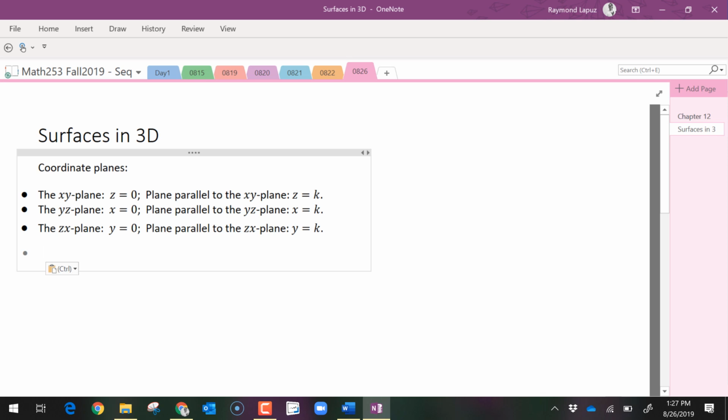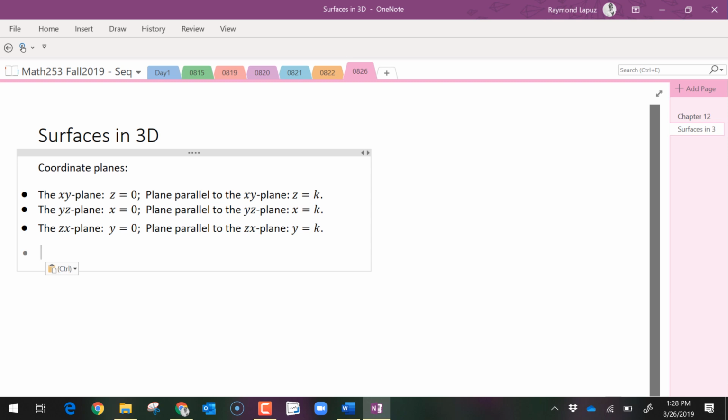And so we can describe other planes like z is equal to 5, z is equal to -2, x is equal to 14. Those are all parallel to coordinate planes. Just like when you say x equals 5 and y is equal to 2 as lines in two dimensions, we can also talk about these as planes that are parallel to the coordinate planes.